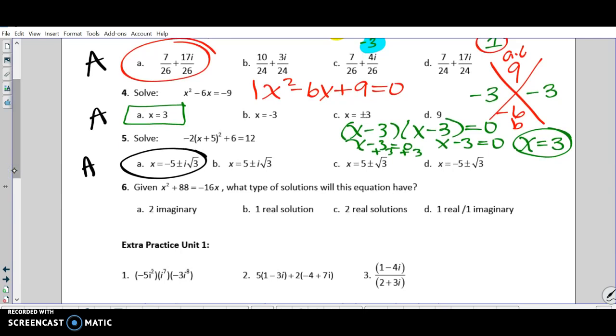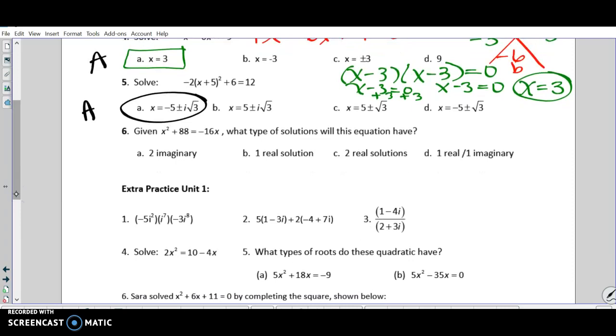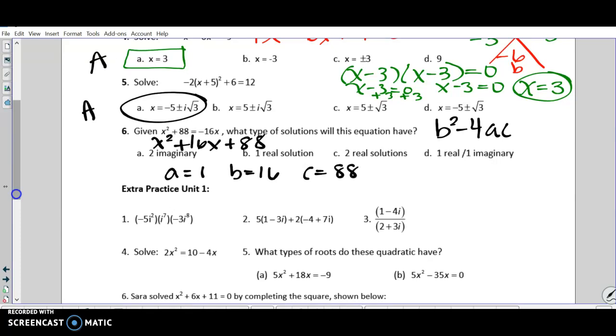So, my suggestion for number 6, remember this is doing b squared minus 4ac. You've got to set it equal to 0, put it in order, so if I move 16 over and add it, you can now plug this in to find your answer. Your a would be 1, your b would be 16, your c would be 88, which is very much like the quadratic formula.